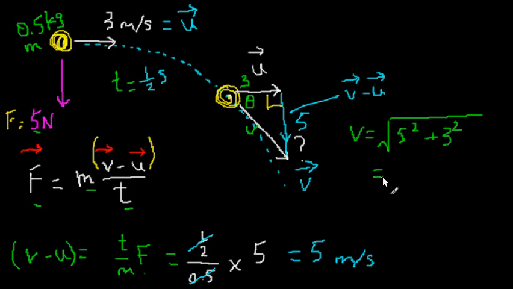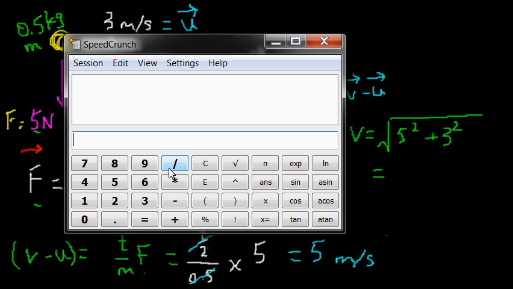Right, using our calculator, we need to find this. So here we go. We need the square root of 5 squared plus 3 squared. Be careful, your version of calculator might be different from mine, so you might have to press this differently.